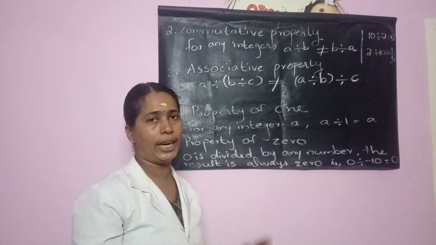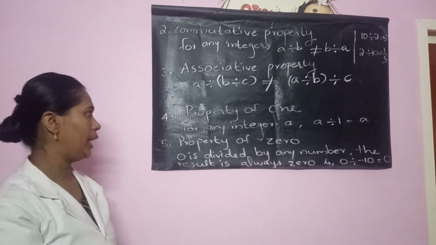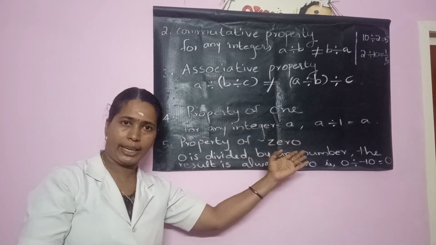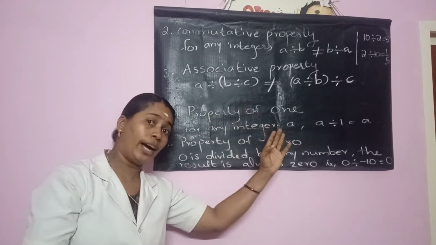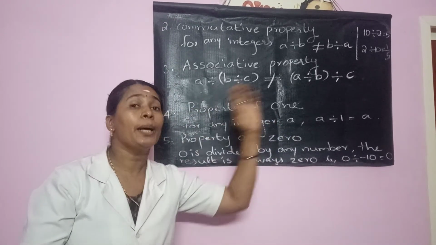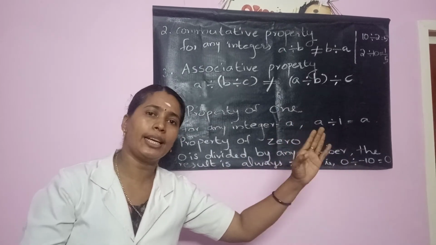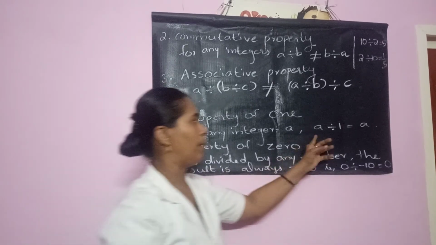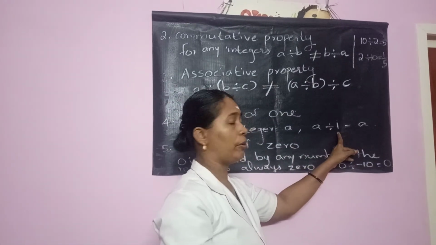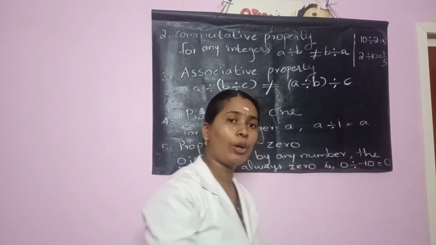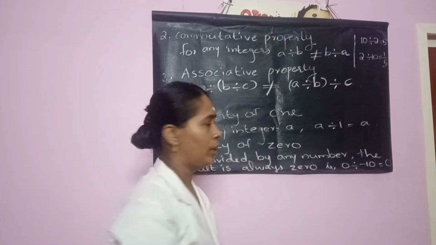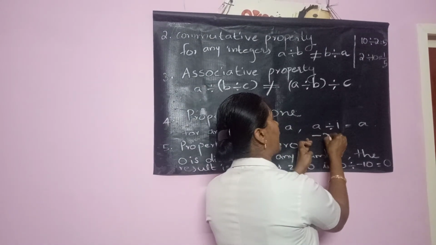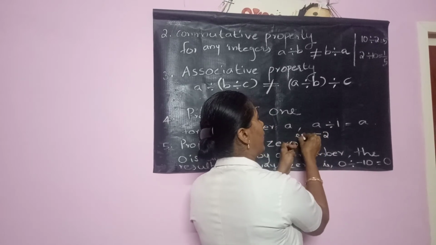Property of 1. Property of 1 means for any integer a, when we divide any integer by 1, the result is that number itself. For example, a divided by 1 is always equal to a itself. So let us take the number negative 2.